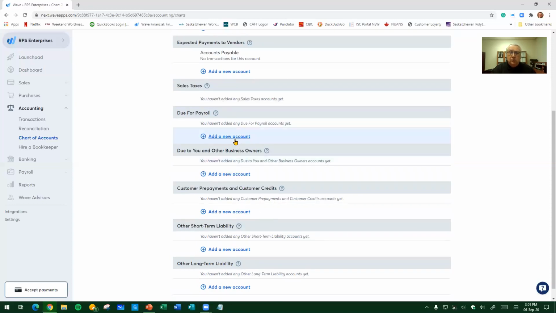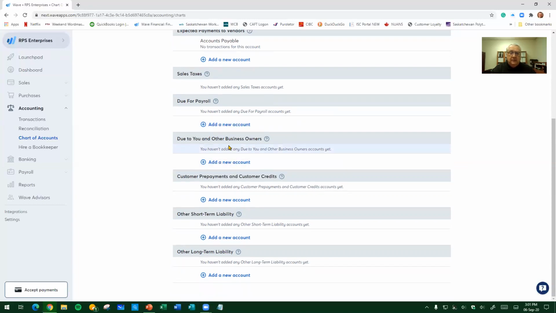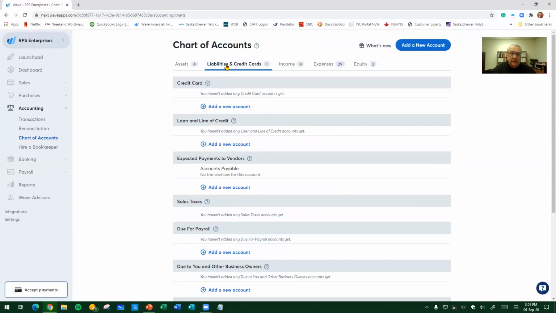You may choose to administer payroll. You have to call CRA to activate a payroll account, but we'll cover that in a separate module all by itself. And you may have other little situations where you loan money from a friend, a relative, whatever the case may be, in which you want to keep track of how much you owe them and when you pay them back. So all these are the types of things that we have in the liabilities area.